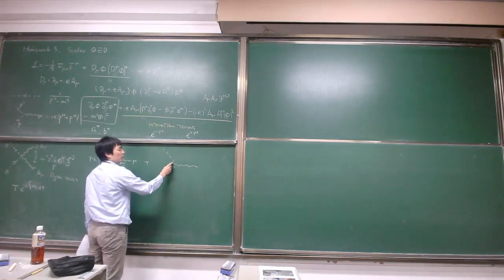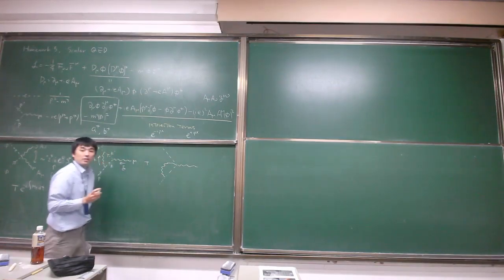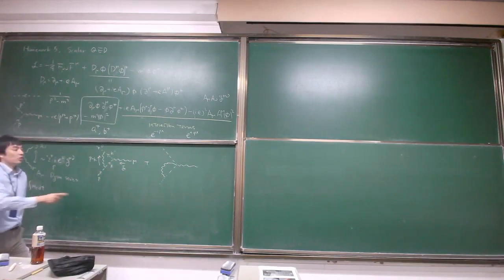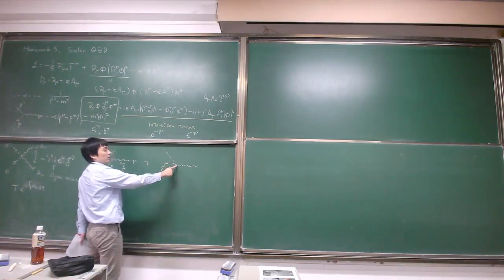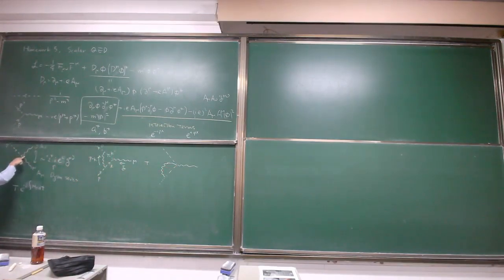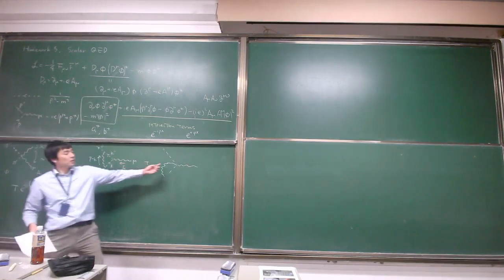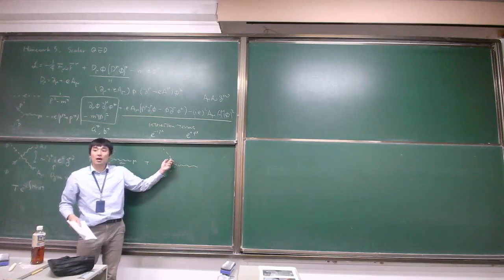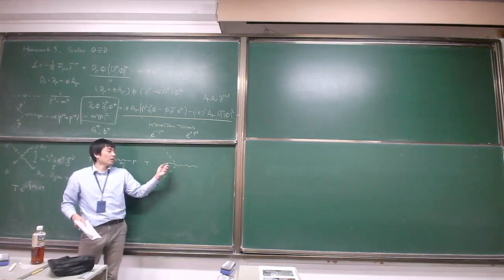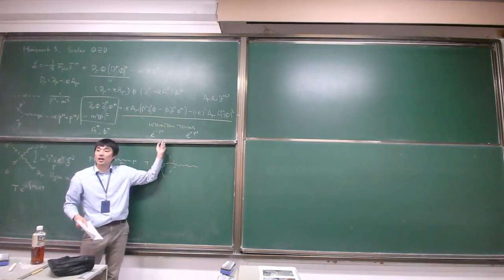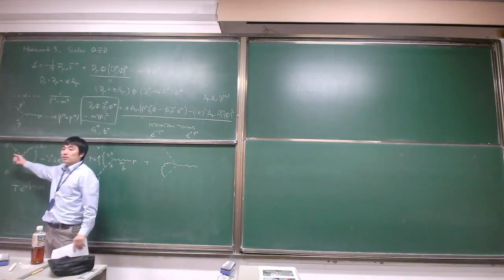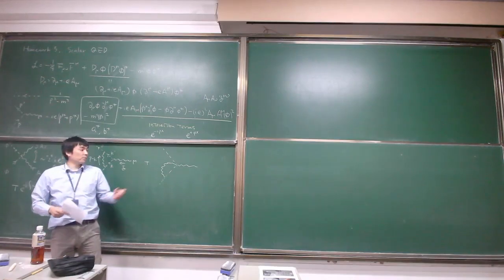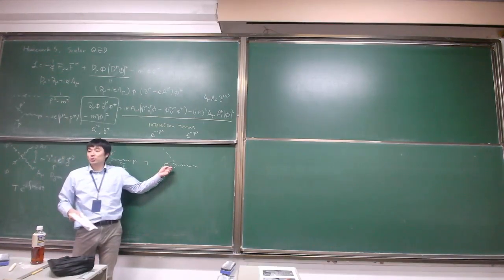Here you can take this kind of loop, and at this point you can apply this rule. We have this vertex with two photon lines and two scalar lines. That is exactly this one. So at one loop, this diagram should also contribute.